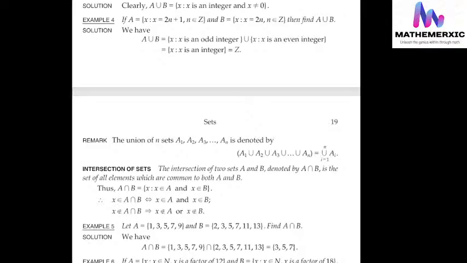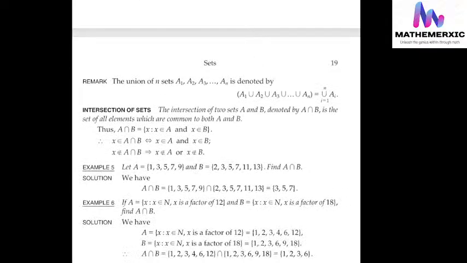The intersection of two sets A and B is denoted by A intersection B, the set of all elements which are common to both A and B. Thus, A intersection B is equal to X such that X belongs to A and X belongs to B. Also, I can say X belongs to A intersection B means it will belong to both A and B. It will not be or here because it is a common part.